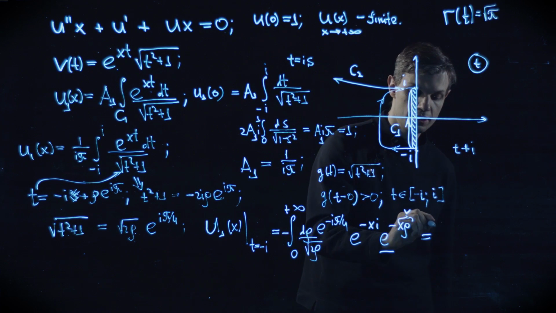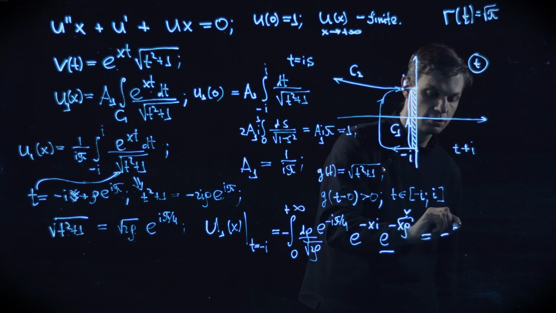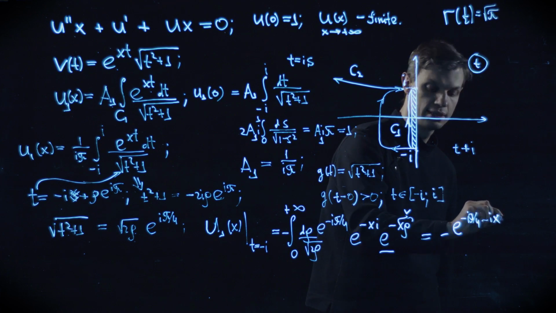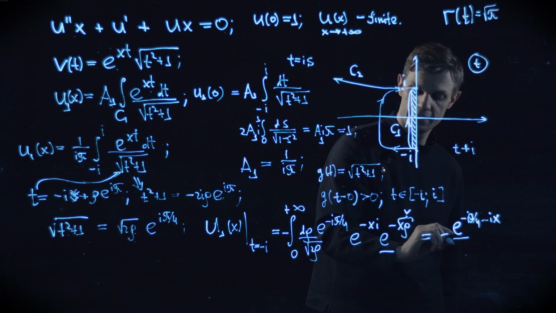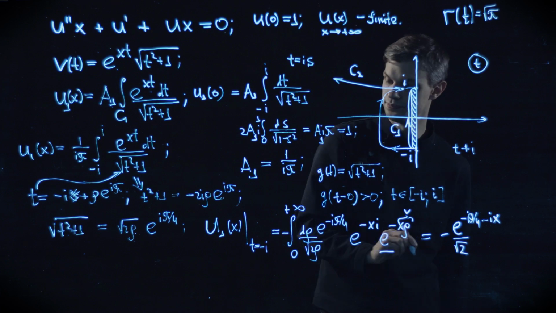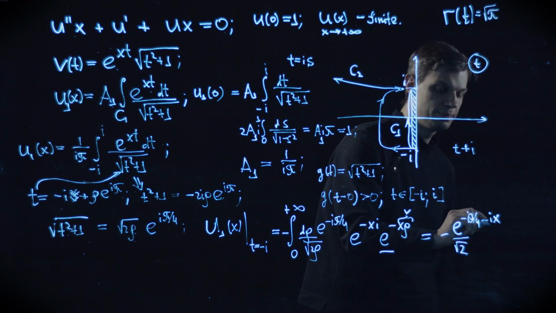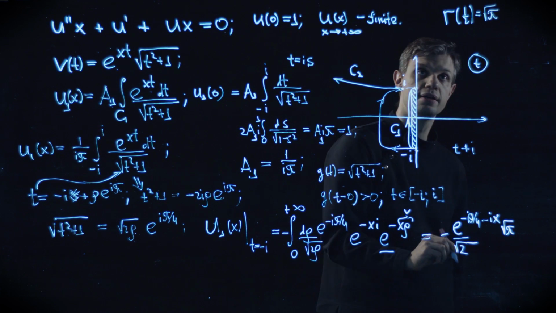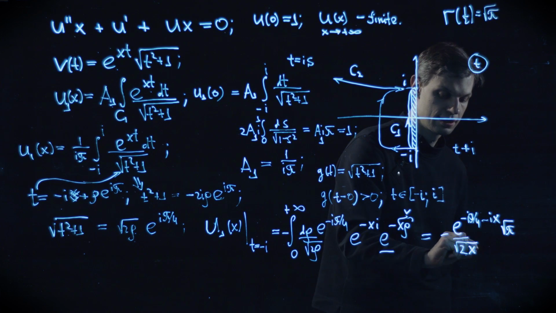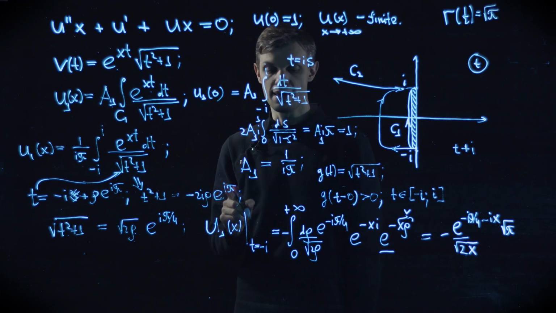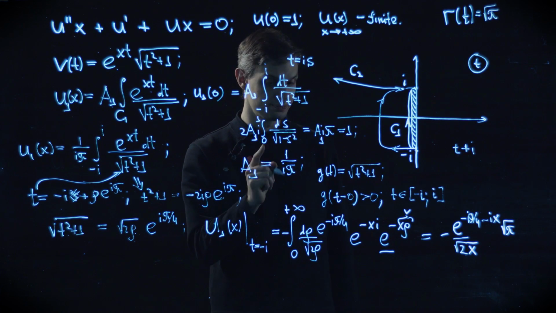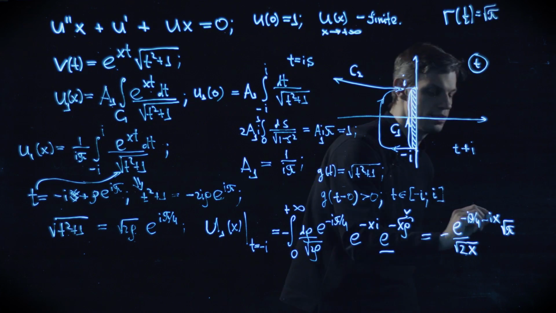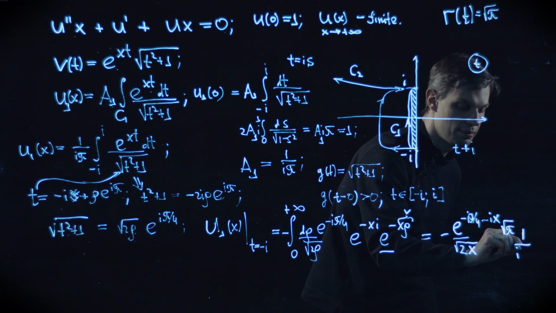So in the end, what you'll get is negative e to minus i pi by 4 minus ix, divided by the square root of 2 and multiplied by square root of pi and divided by the square root of x. So this is it. In fact, I dropped this 1 over i pi term, this constant, which defined the normalization of our function. Let's restore it here. So it's 1 over i pi.